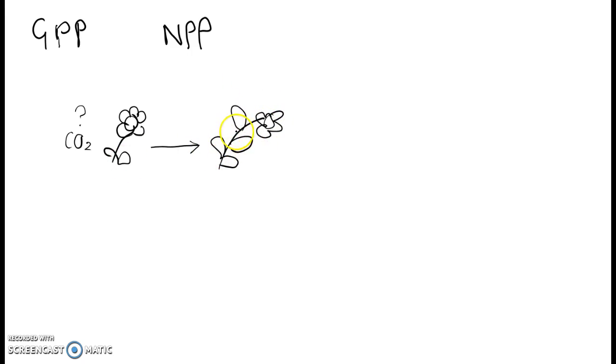Now it's been productive. But I don't know how productive it's been. I don't know how much CO2 it lost, okay? I don't know how much it got fed, but I do know what the change has been. And so that change is net primary productivity, okay?